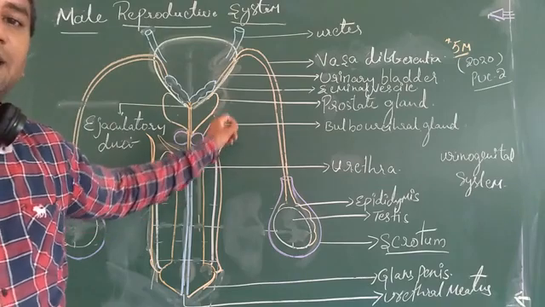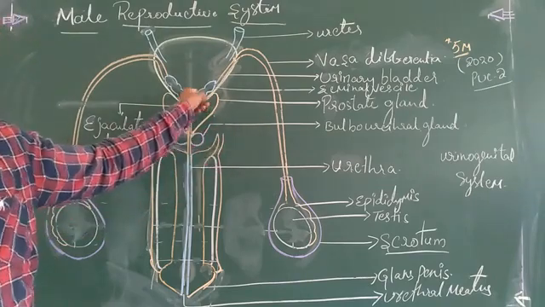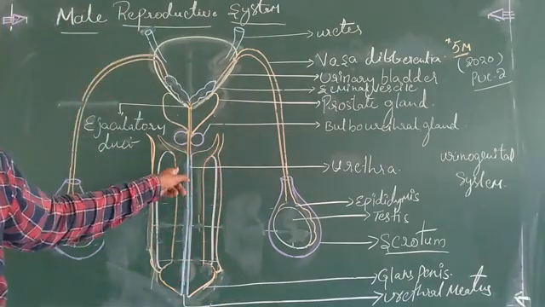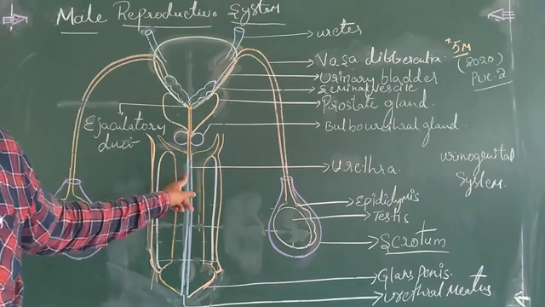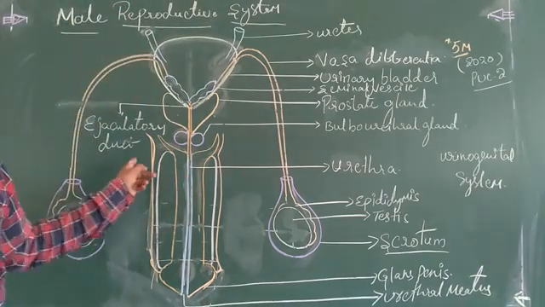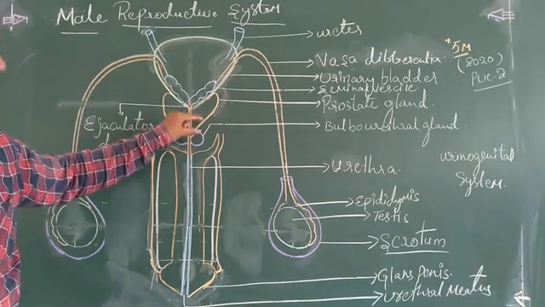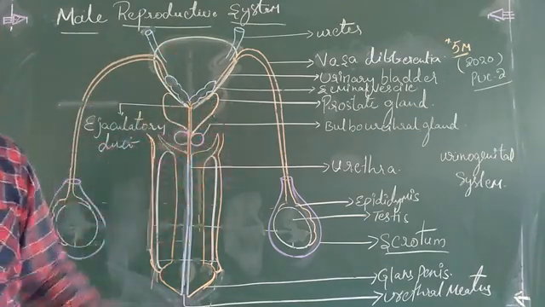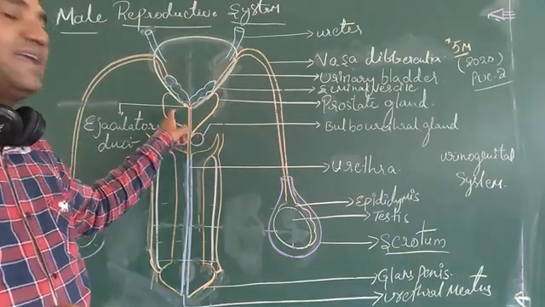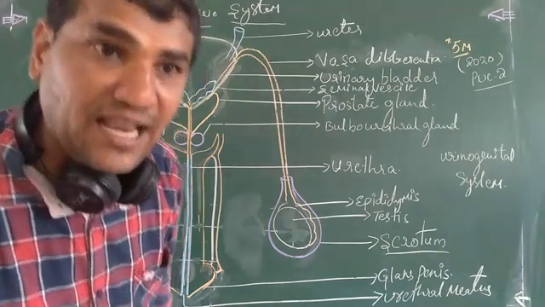But while it is coming, just below these glands, the seminal vesicle ducts will be connecting to the urethra as an ejaculatory duct. Now, just below the urinary bladder, you can see that a long flattened gland is present. This gland is called the prostate gland.